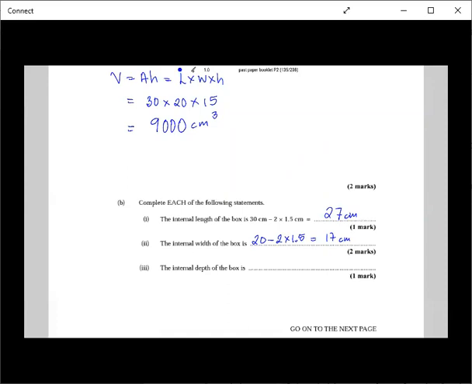And then it says the internal depth of the box is, the internal depth would be 15 minus 1.5, which is equal to 13.5 centimeters. So why just 1.5 and not 2 times 1.5? Well, the basic reason for that is that the box does not have a lid.